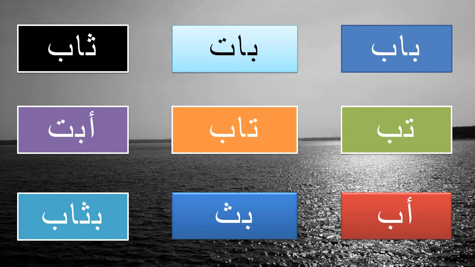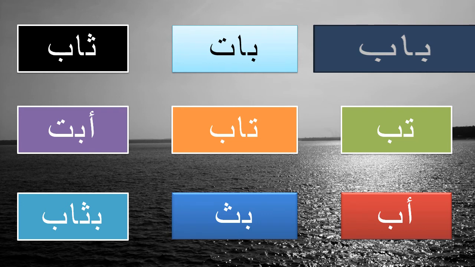Now let's try to pronounce or spell the first word from the upper right corner. This is ba, alif, ba. So we read it bab, exactly, bab.